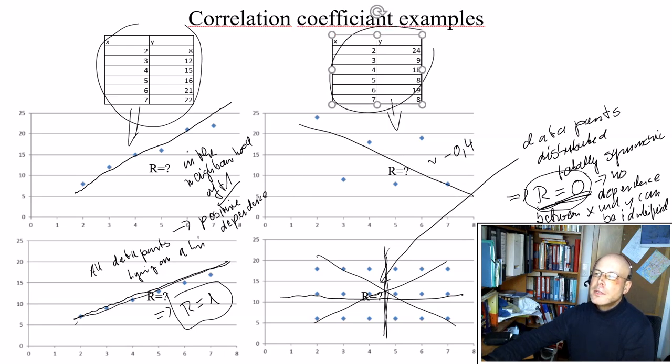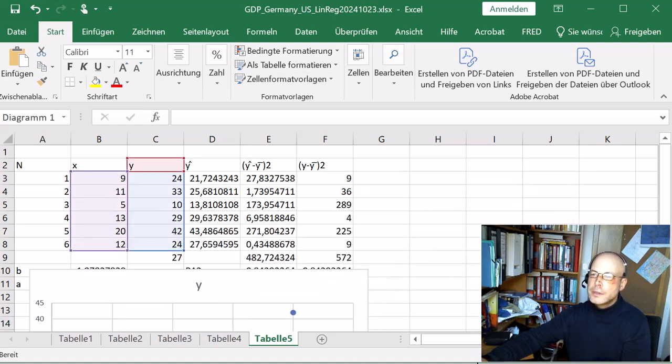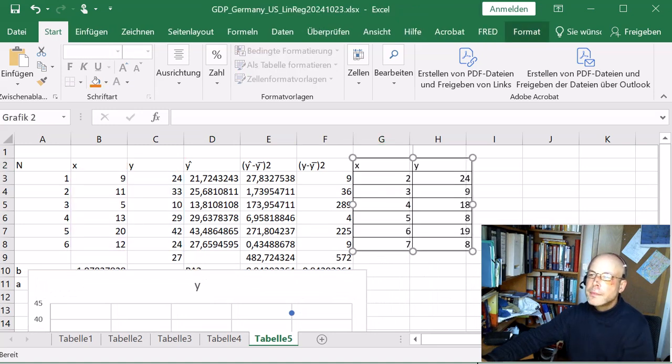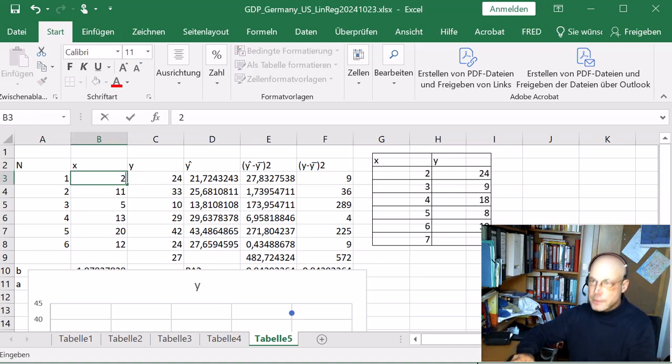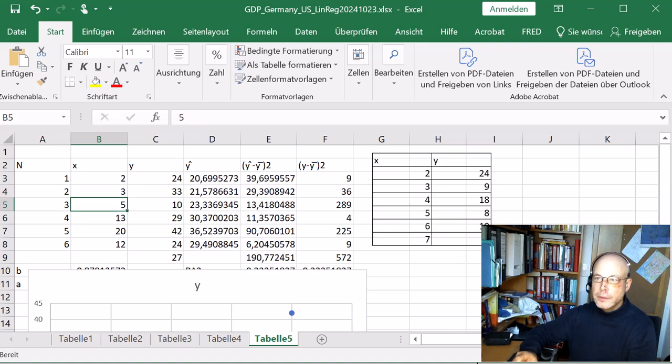But unfortunately, this is a picture, so let's take this and put it just here. So I need 2, 3, 4, 5, 6, 7. This is nice. Equals this plus 1.